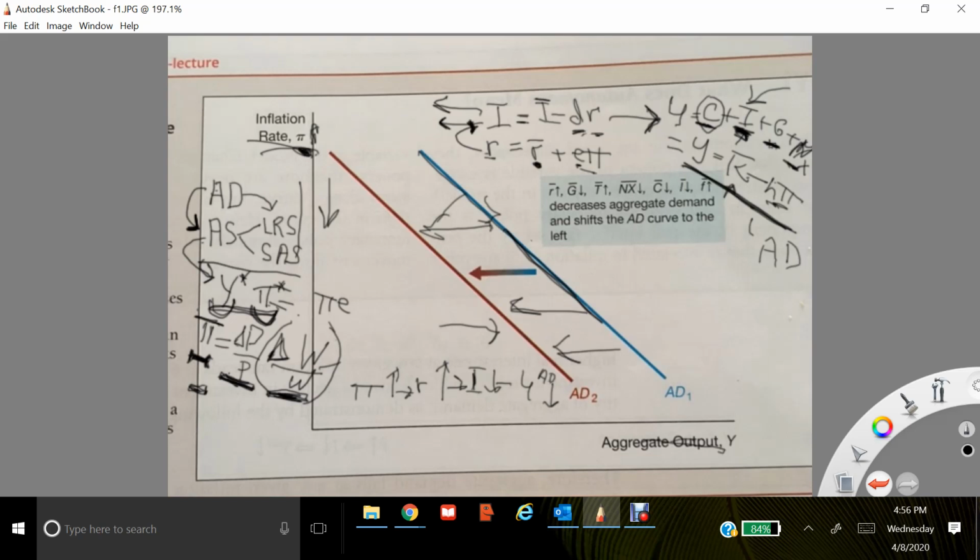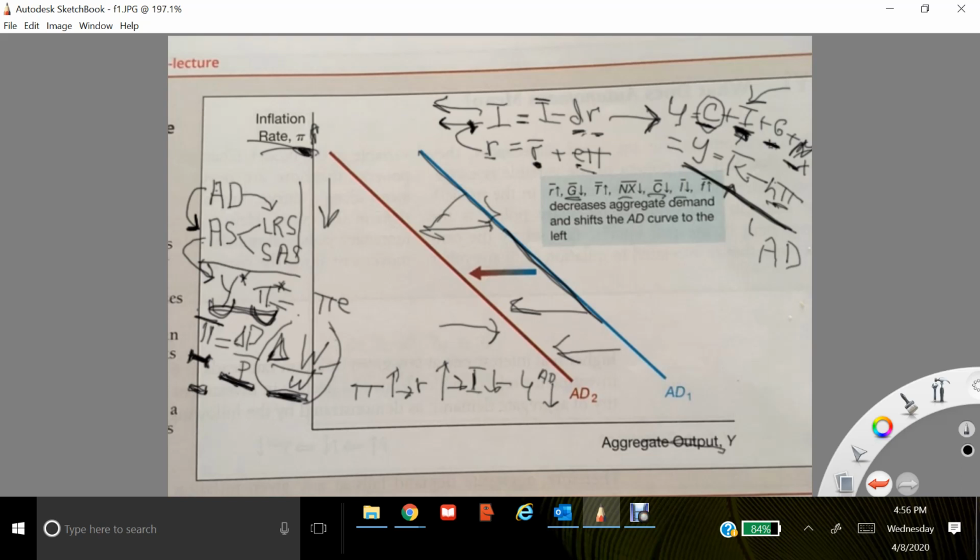So this graph shows you when various autonomous factors change, and most of them are decreases in autonomous factors.